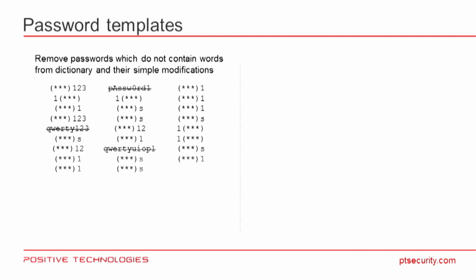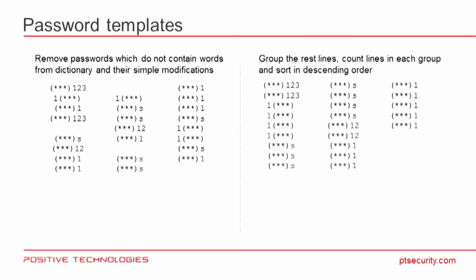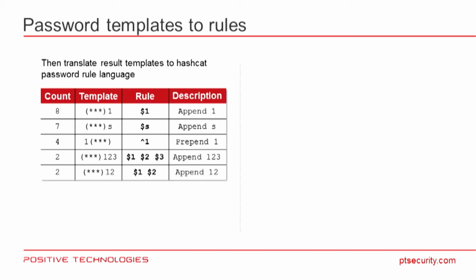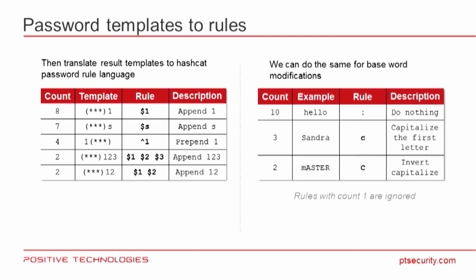Then we just delete everything which does not contain base words, and let us now count the number of matches. So it seems that we ended up having the preferred prefixes, postfixes and suffixes, and we can apply the hashcat policy here, creating the passwords.